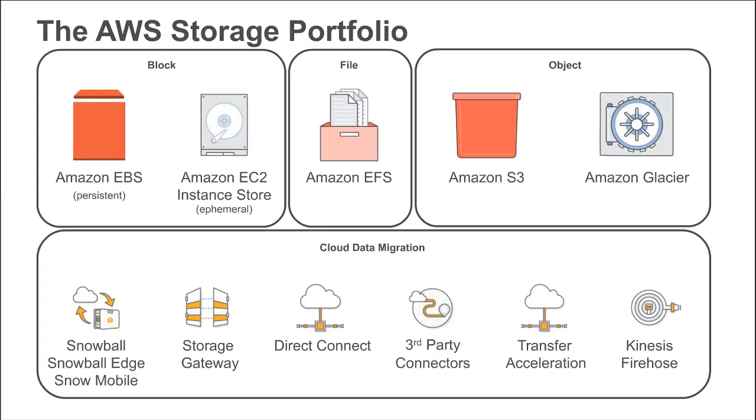Well, the AWS Storage Portfolio is really based on three core storage types: block, file, and object. Within block storage, we have EC2 Instance Store and Amazon EBS. Amazon EBS is designed for workloads that require persistent storage accessible by single EC2 instances.